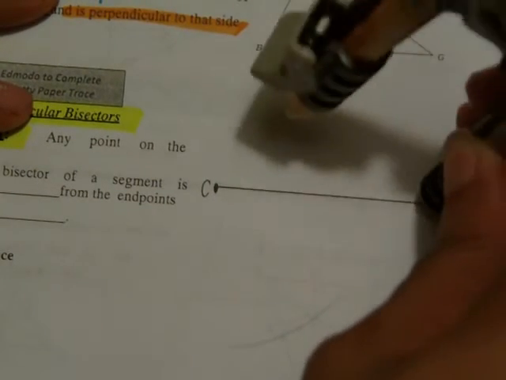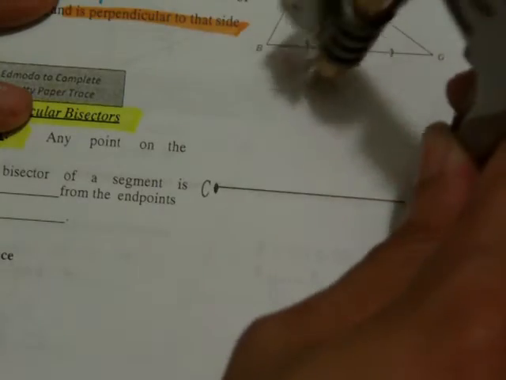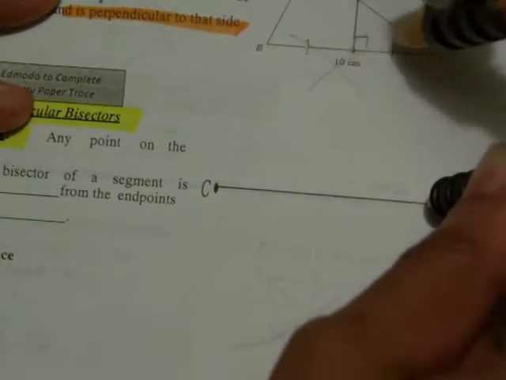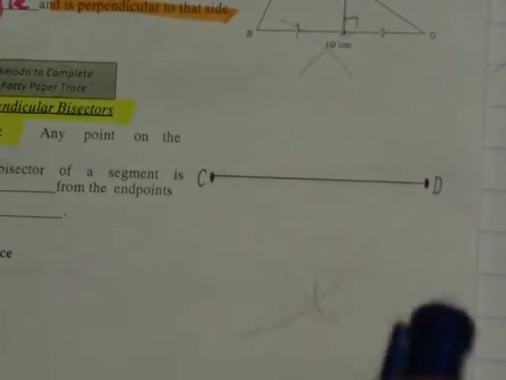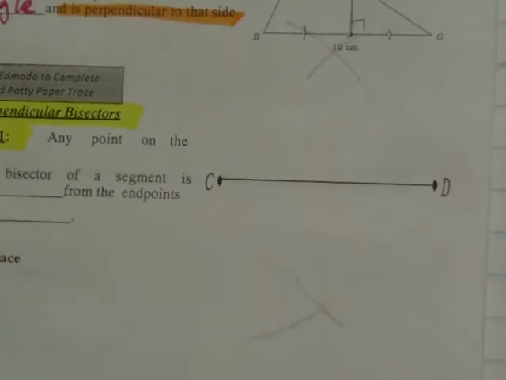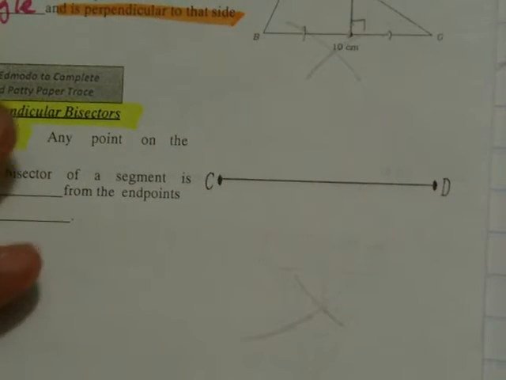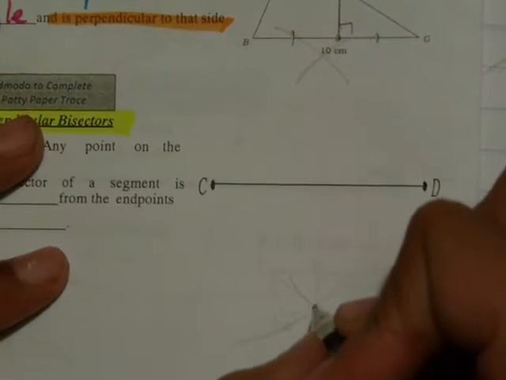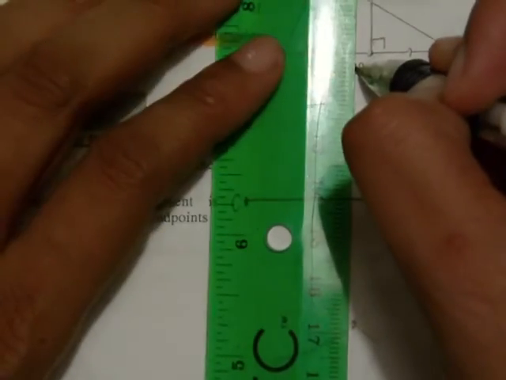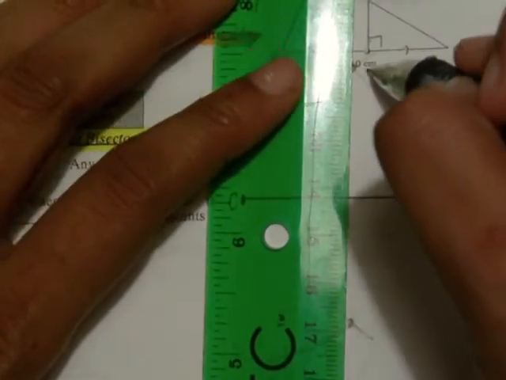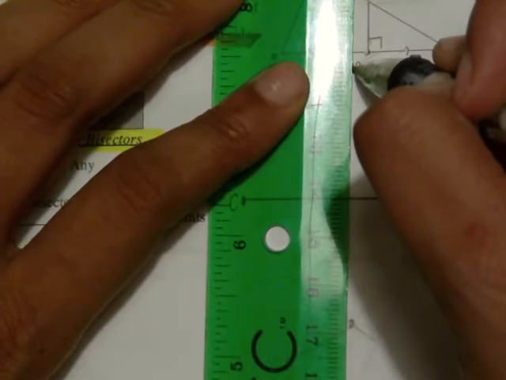And I'm going to keep the same distance. I'm not going to change anything on my compass. Make another arc so it intersects my original arc above, and make an arc below. Oops, had a little error there, but we should find the intersection of those arcs. I'm going to put a point to show that intersection. Now I'm just going to draw a line through my two intersection points, and that will be my perpendicular bisector.